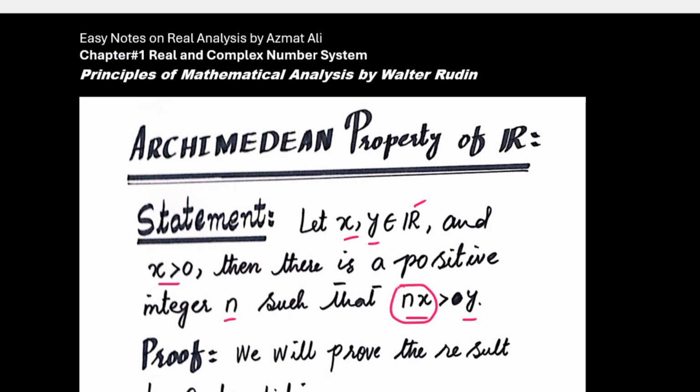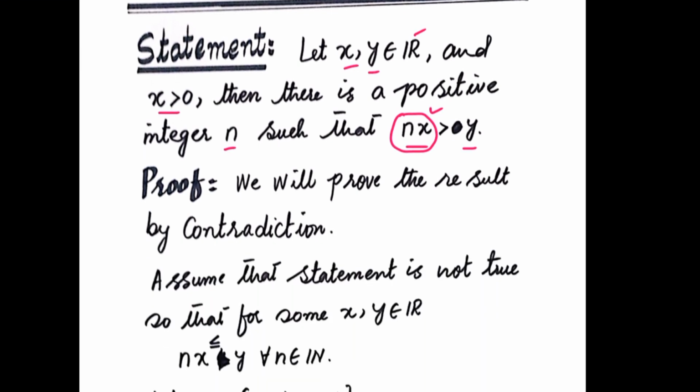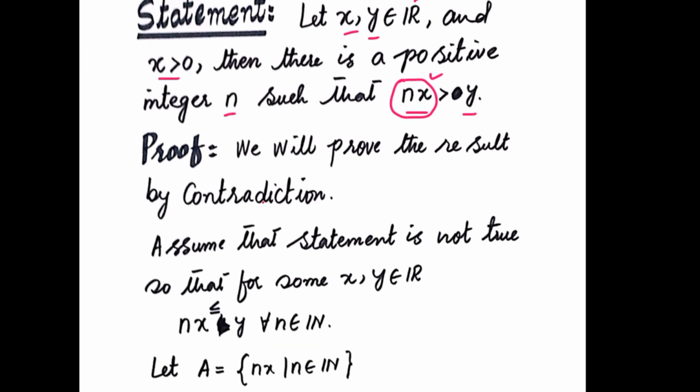Later I will show that the supremum of the set A is smaller than some element of the set itself. That leads to the contradiction. So we will prove the result by contradiction.